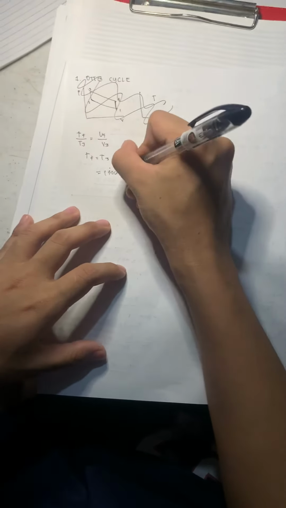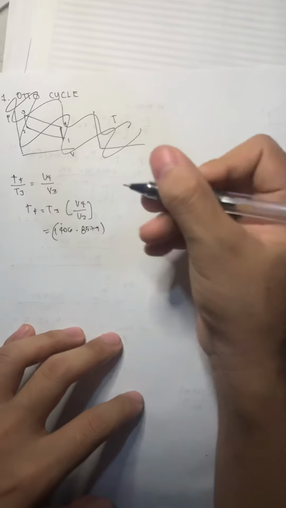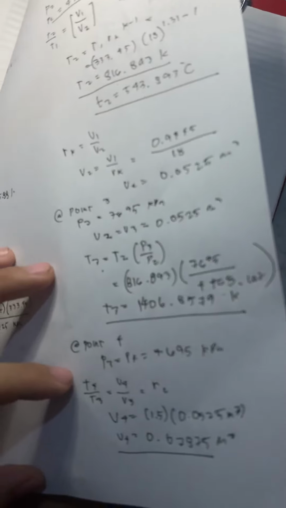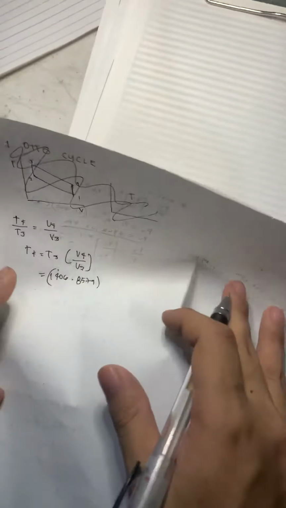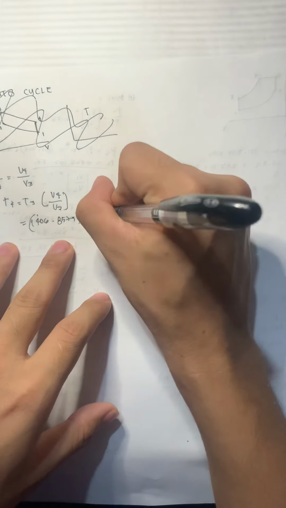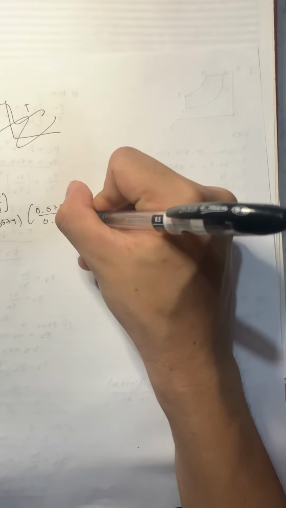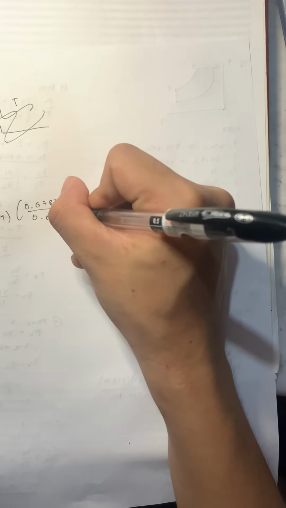Since we got T3 as 1406.8579 times V4, which is 0.07875, over V2, 0.0525.